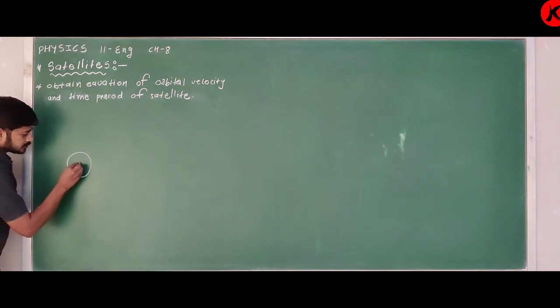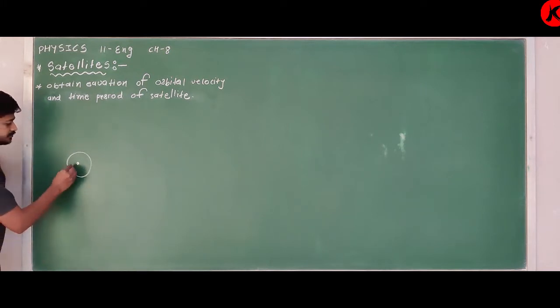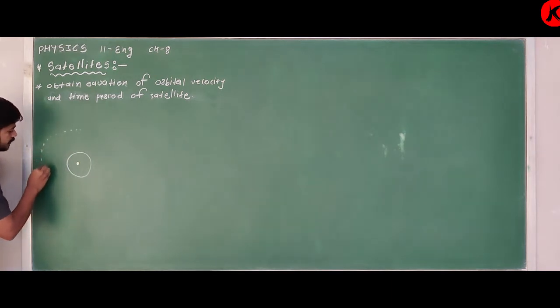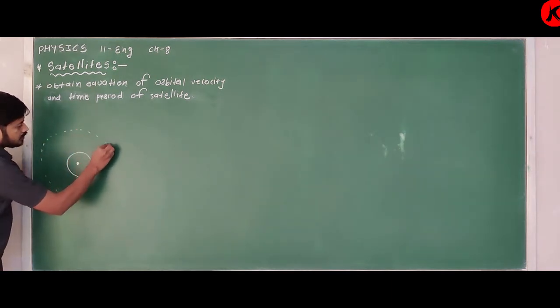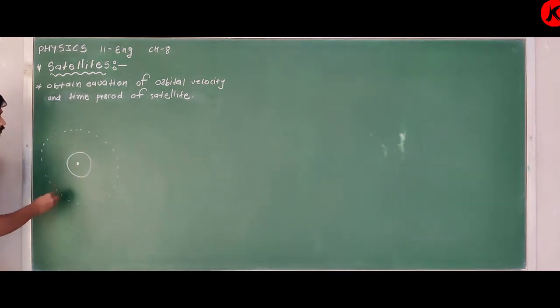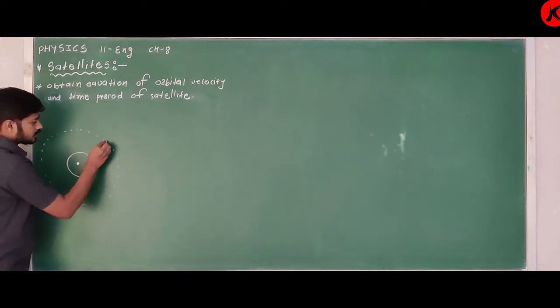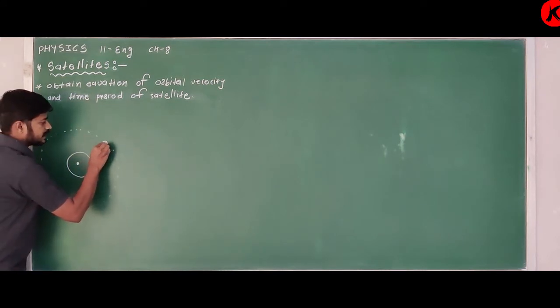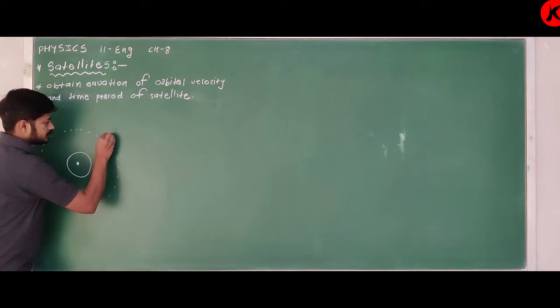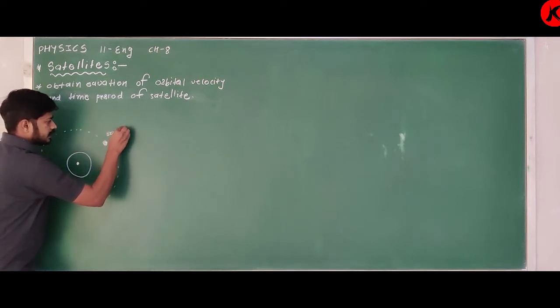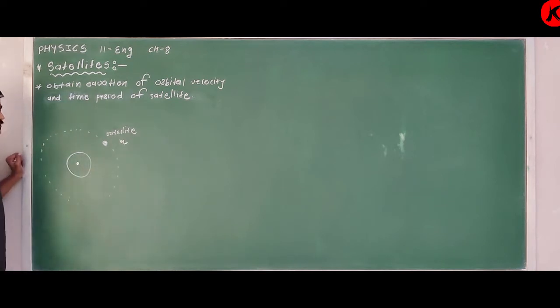This is Earth, its center. One satellite is revolving in such an orbit with mass m.